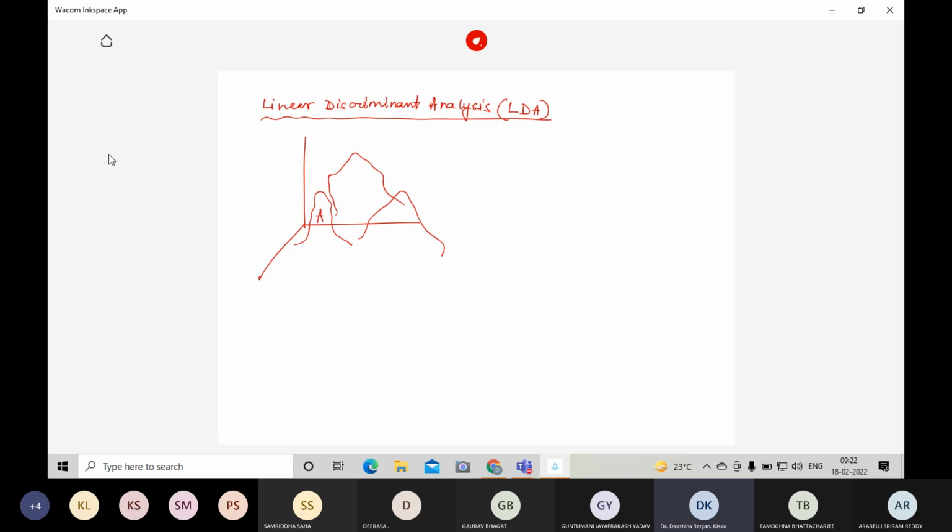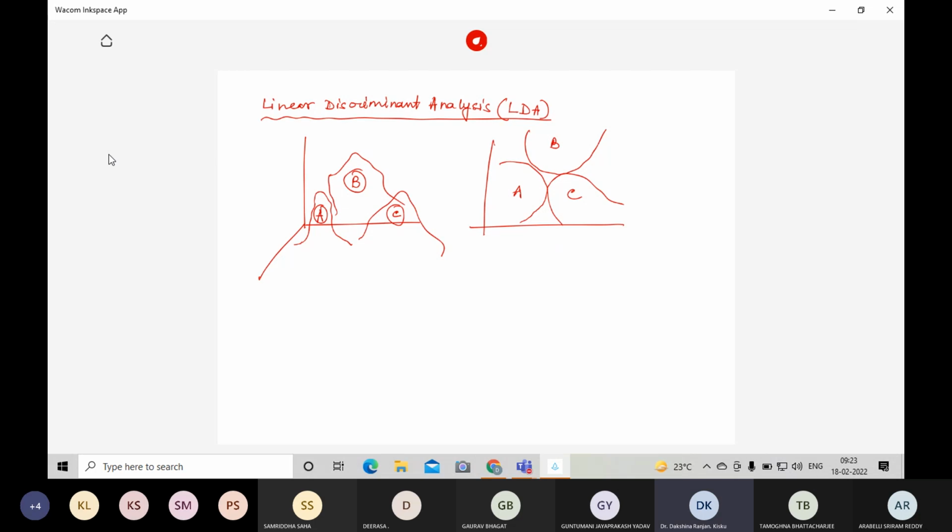This class density is denoted by A, this by B, and this by C. This is the 3D projection. If we get the 2D projection of the same class densities, the separation between them is referred to as a piecewise quadratic function.